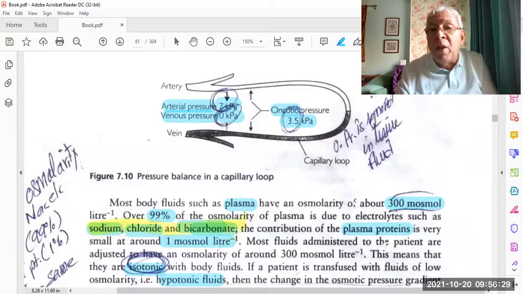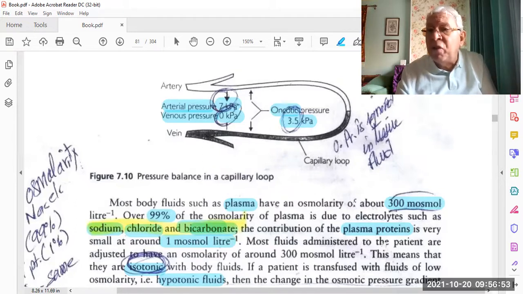The oncotic pressure, as we will notice later on, is the pressure yielded by the albumin or the plasma protein, and is 3.5, half of the arterial. See what happens at this loop. The hydrostatic pressure of the capillary blood pressure is capable of transferring the fluids out of the blood vessels to nourish the tissues.